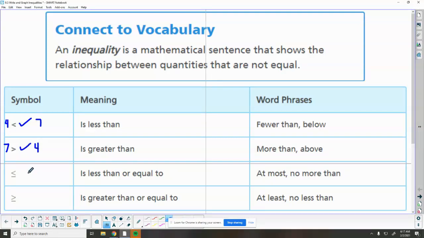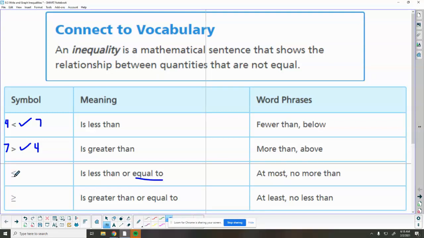Some that we are maybe not as familiar with is a greater than or equal to or a less than or equal to sign. You can see it still has the less than sign, but it also can be equal to that number.